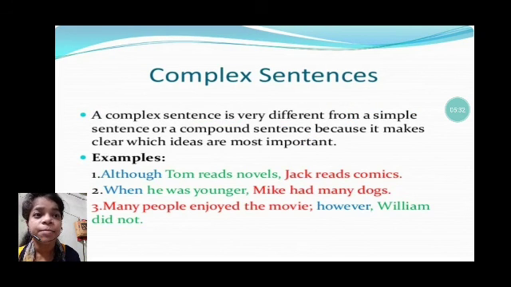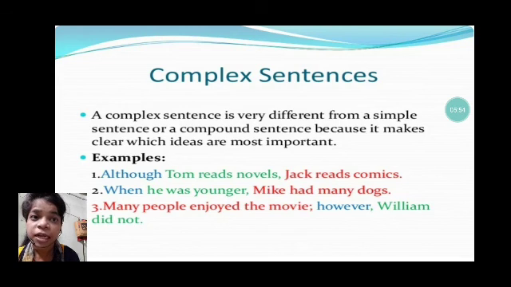Now see, a complex sentence is very different from a simple sentence or a compound sentence because it makes clear which ideas are more important. So all three are different, as we already saw in the previous slide. All three sentences were formed using the same example, but the sentence pattern changed.